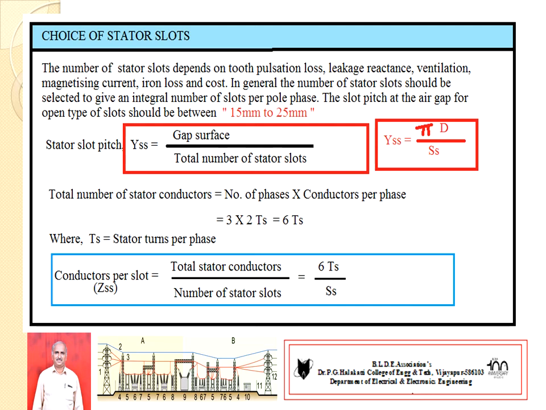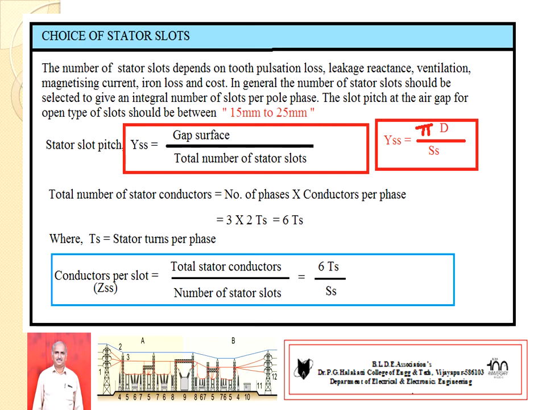By keeping these points in mind, there are some rules we have to follow. Hence, the slots per pole per phase should be an integer. Before that, the slot pitch should lie between 15 mm to 25 mm.